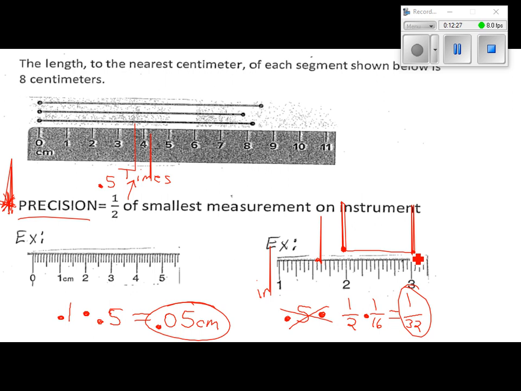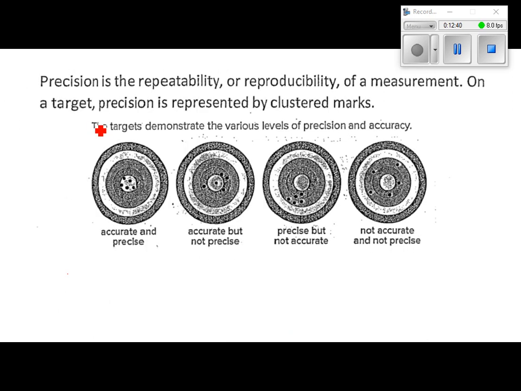We're still within 1/32 of an inch one way or the other. So precision is the repeatability or reproducibility of a measurement on a target.